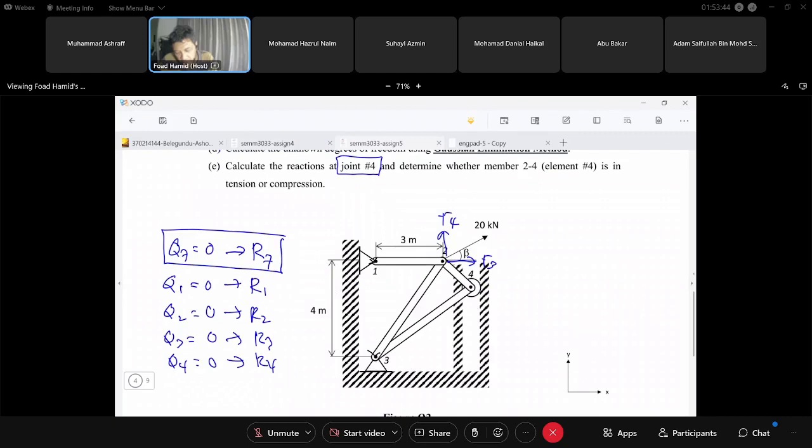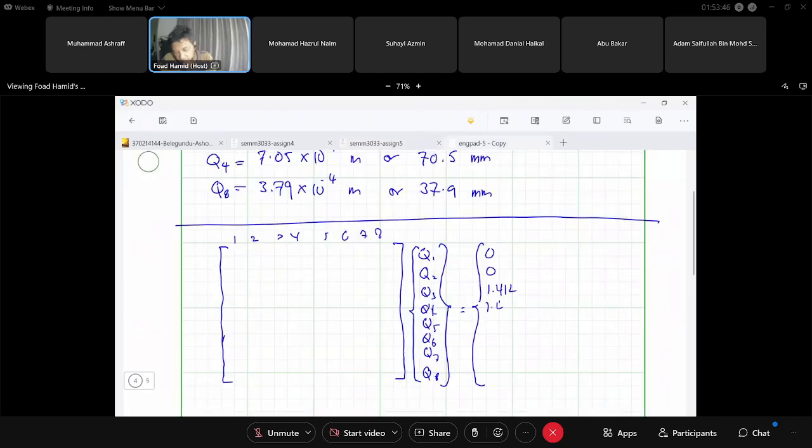Note that when Q1 is equal to 0 because of the boundary condition, automatically we are introducing reaction R1. We know that Q2 is equal to 0 because of the boundary condition, then we are introducing R2 in our SLE. Q3 is not a boundary condition, so there's no reaction for Q3 and Q4.